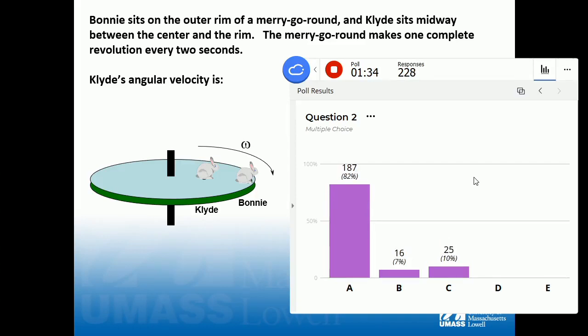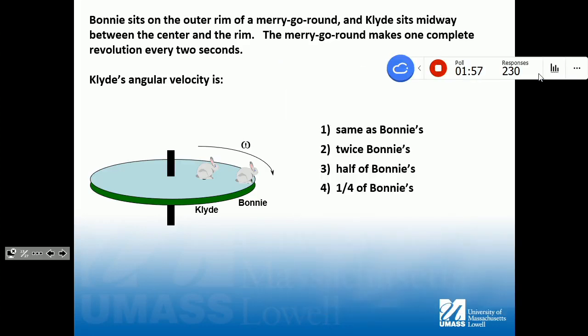So angular velocity is measured from angle changes. Every single point on that merry-go-round is undergoing the same change in angle per change in time. Everyone understands? I can't actually see the options anymore, but I think they're back there somewhere. Yes, the same as Bonnie's. They have the same angular velocity.